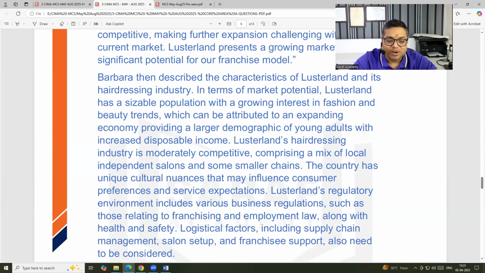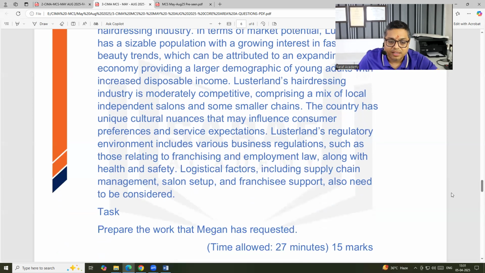The Lusterland regulatory environment includes various business regulations, such as those relating to franchising and employment laws. Their laws may not be like our laws. Our Dageland and Lusterland laws are different. Along with health and safety, logistical factors, including chain management, salon setup, and franchisee support also need to be considered because it's a different country.